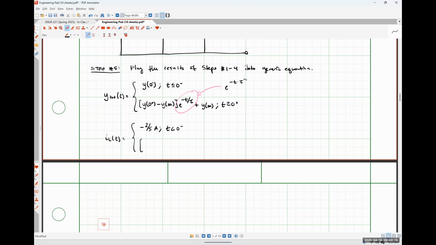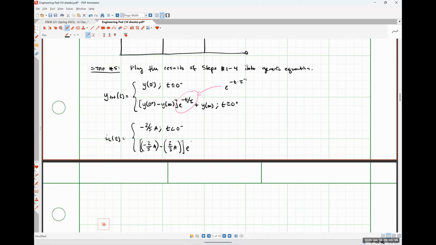And then because we're dealing with an inductor current, it can't change abruptly. So it was also negative 2/5 of an amp at 0 plus. What was the value of our inductor current at infinity? Two-thirds, positive 2/3, right?